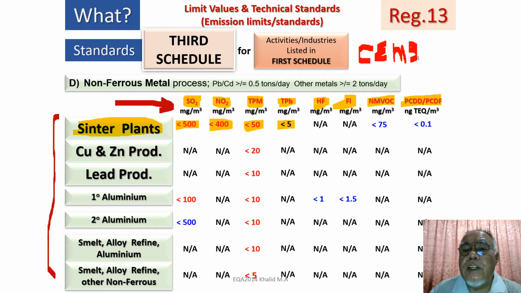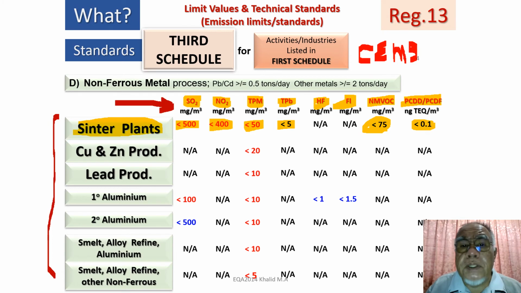Therefore, Regulation 16 shall apply, whereby, according to Regulation 16, they have got to do monitoring once per year, minimum. The same thing goes for non-methane volatile organic carbon and also dioxin and furan. They have got to do it once per year for sinter plants. Got it? Are you following? All right, that is for sinter plants. I hope you are able to catch the ball.